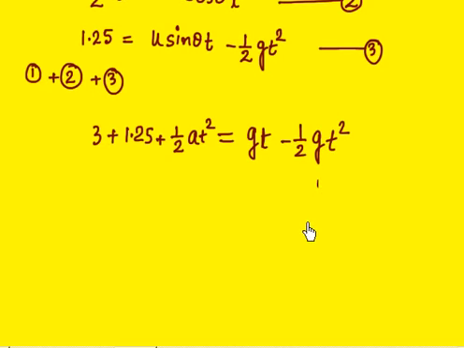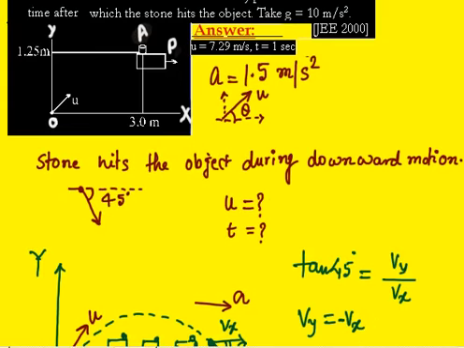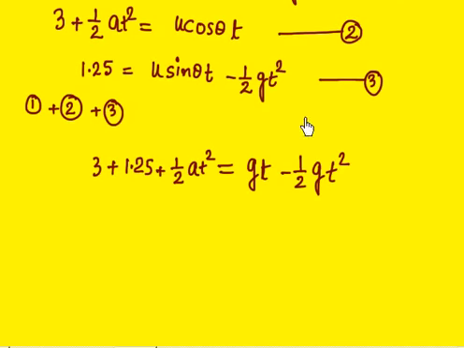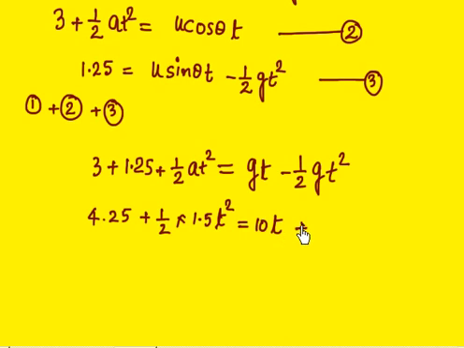So we have to solve. The acceleration a is given to you, that is 1.5 meter per second square. So 3 plus 1.25, that is 4.25, plus half times 1.5 t square, and g I have to take 10 because the question says take g equal to 10, minus half g t square, half g is 5, so t square.